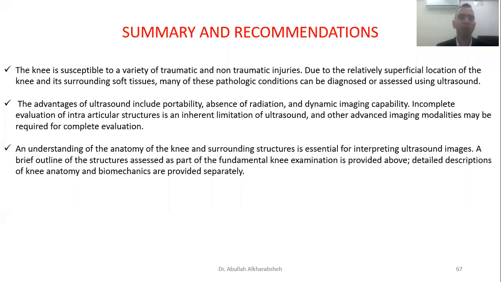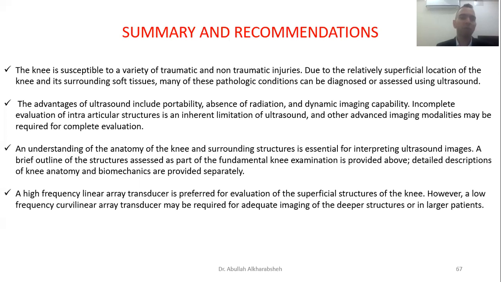A brief outline of the structures that are part of the fundamental knee examination is provided above. A high-frequency linear array transducer is preferred for evaluation of the superficial structures of the knee, and sometimes a low-frequency curvilinear array transducer may be required for adequate imaging of deeper structures or in larger, obese patients.